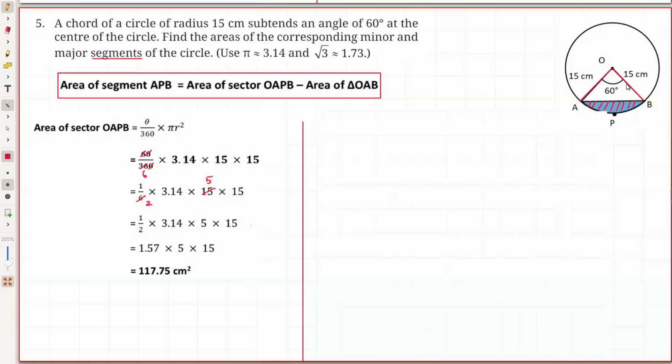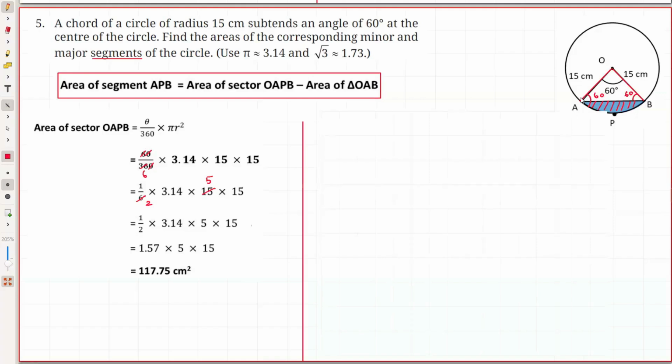Two sides are equal means isosceles triangle. If it's an isosceles triangle, base angles should be equal. Therefore this should be 60 degrees, this should be 60 degrees. Adding all three angles gives 180 degrees. The angle sum property is satisfied. If all the angles are 60 degrees, we can say this is an equilateral triangle.